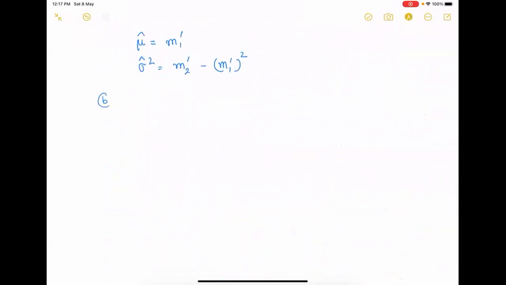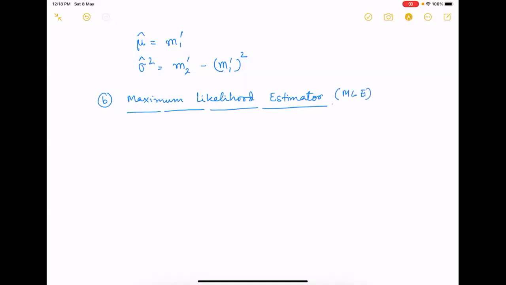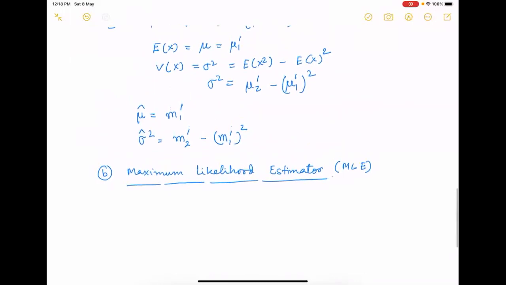Next is maximum likelihood estimators. Remember that the maximum likelihood estimator is something you will see even in deep learning neural network models, when in your third semester Professor Madhavan teaches the advanced machine learning course.